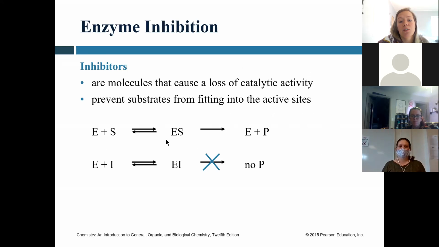We also have what's known as an inhibitor. Inhibitors are molecules that cause a loss of catalytic activity. They prevent the substrate from fitting into the activation site. So the enzyme is trying to do its job, going along, trying to convert the substrate into a product.